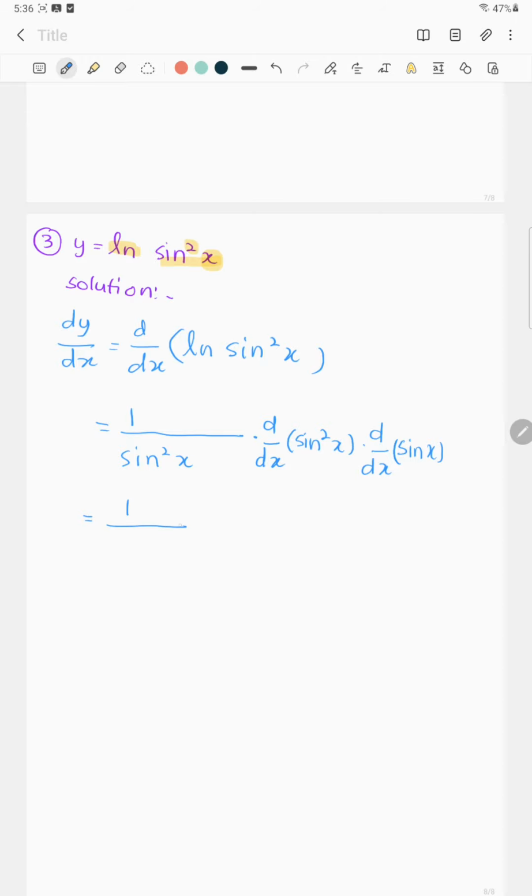So write back. Differentiate sin squared x, we got 2 in front of the equation, and then sin. 2 minus 1, we got 1, and the power of 1 we don't need to write. So just write 2 sin x, as we understand sin to the power 1 is sin x. Differentiate sin x is cos x. Now we write it in the simplest equation.